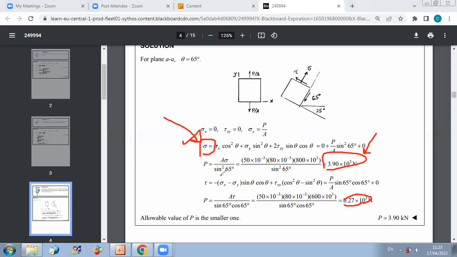So this is the design. In this problem, we have to combine our knowledge of design and how to deduce the state of stress in any orientation, knowing the state of stress in a certain orientation X and Y.